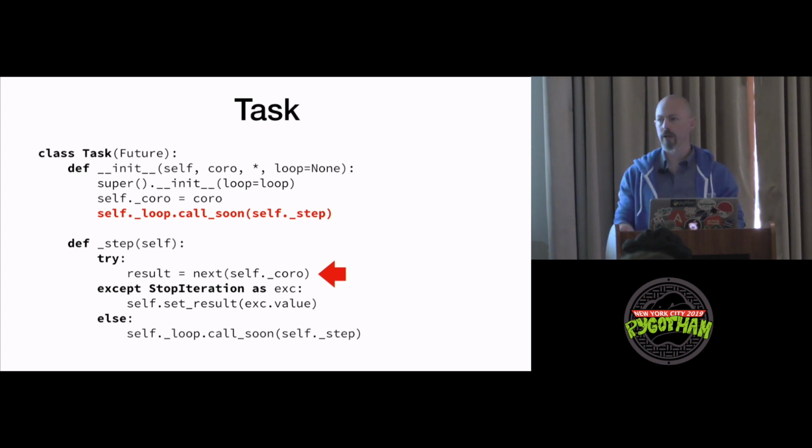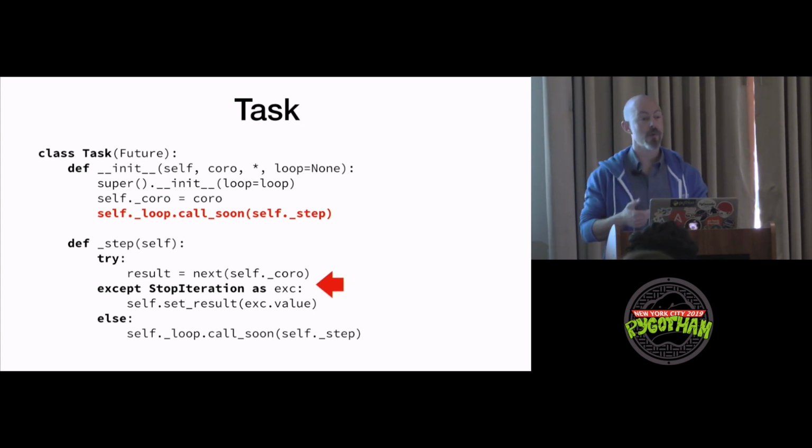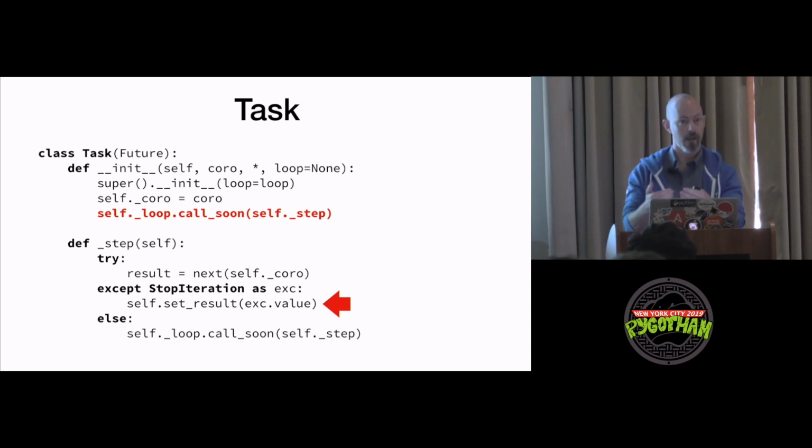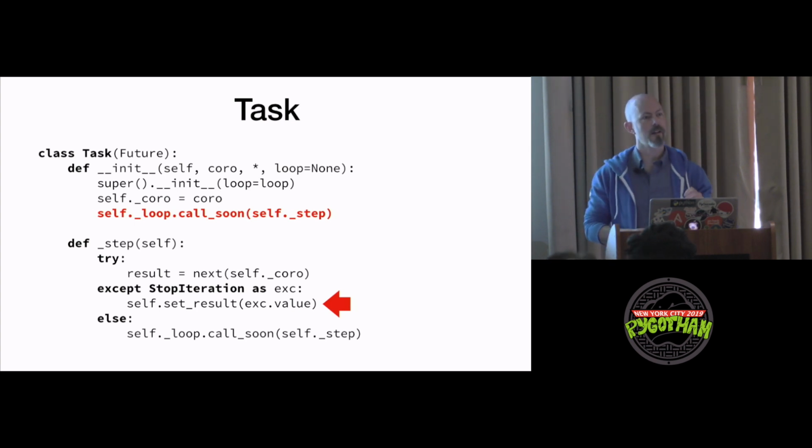And then when you call next on a coroutine, it has two options. Well, actually, it can raise an exception, but we're not handling exceptions. So it can either return a value, in which case we're finished. So this wrapper is also finished. We don't need to call next on it anymore, and we don't need to schedule it for future runs. What we do need to do is set the result on ourselves so that anything that's waiting on this task now gets a value.